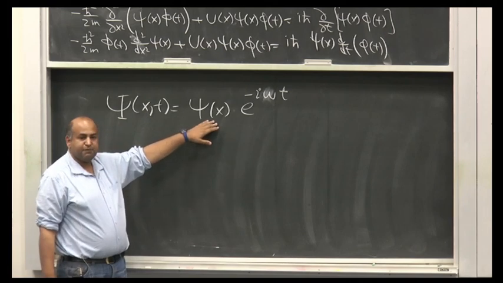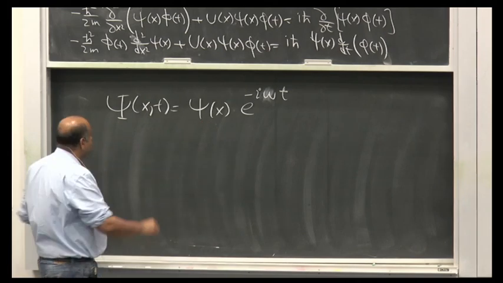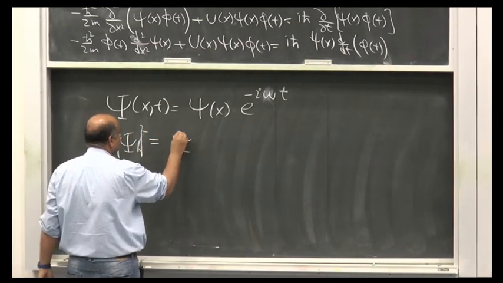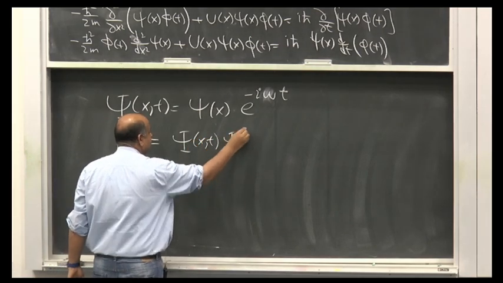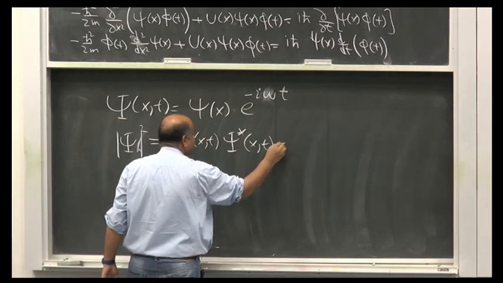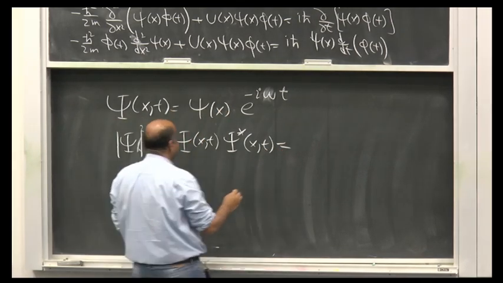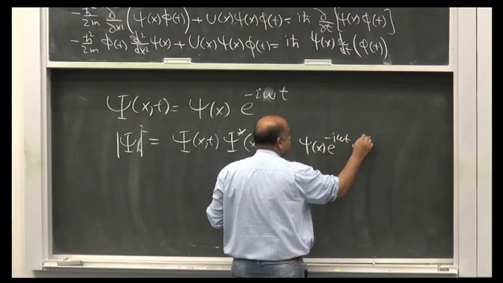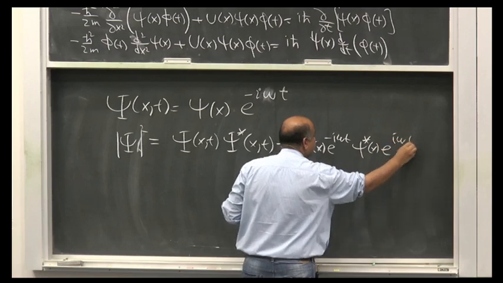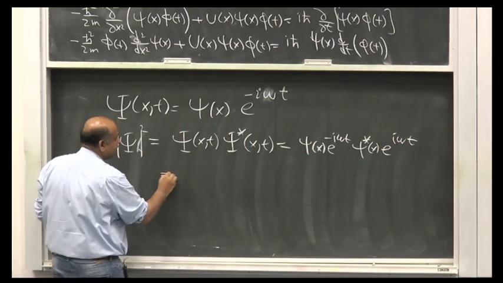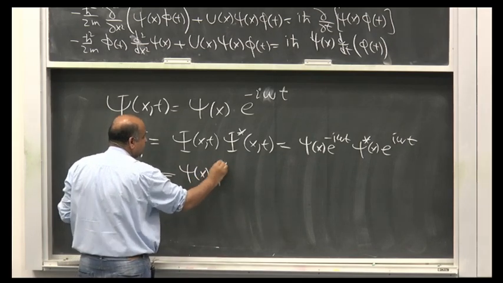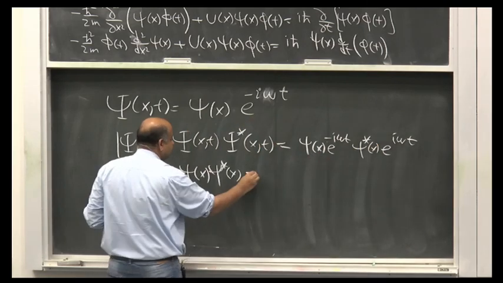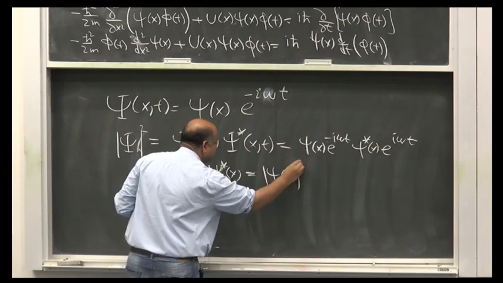और अगर आपने किसी जगह पे probability density find करनी है तो जिस तरह हमारे पास तरीका है psi mod square is equal to psi xt into conjugate psi xt. लेकिन अगर मैं इसको यहाँ पे put करूँ so I get psi of x exponential minus iota omega t psi star of x exponential plus iota omega t and this is psi of x psi star of x because this minus and plus they go away so this is nothing but psi of x mod square.